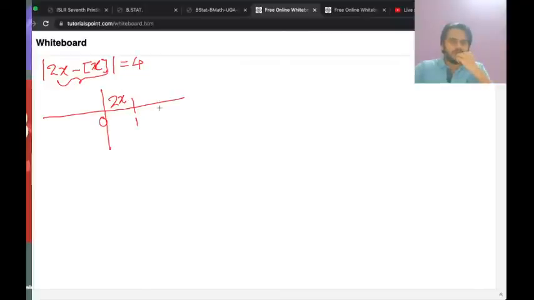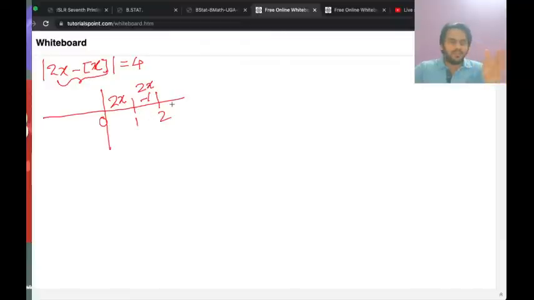What about between 1 and 2? If you look at between 1 and 2, the greatest integer function will be 1 and this is 2x. So in between, I'll have 2x minus 1. The value of the function at 2 won't be of any use to you because you have already known it for integers.